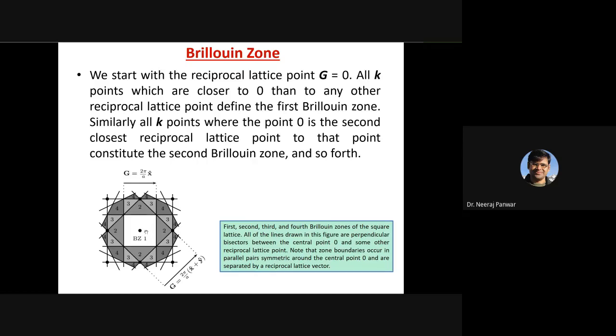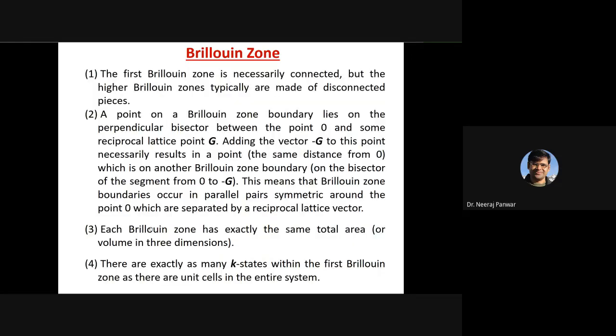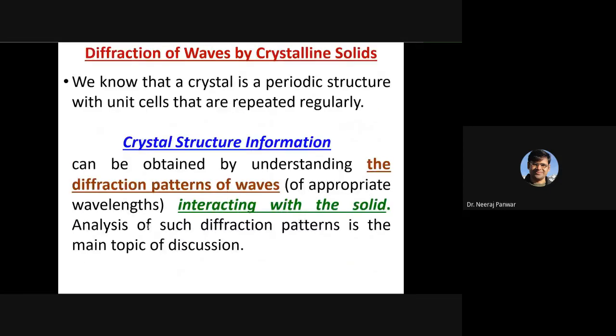So that is the importance of the Brillouin zone. Again, I repeat that any wave whose wave vector starting from the origin terminates at the zone boundary will satisfy the Bragg's reflection condition, and that can be easily proved. And today we are going to see it.